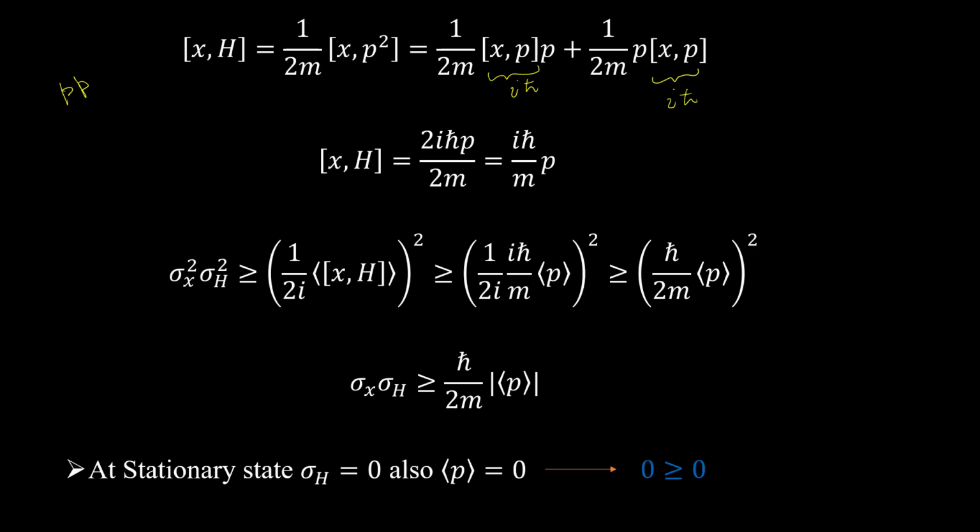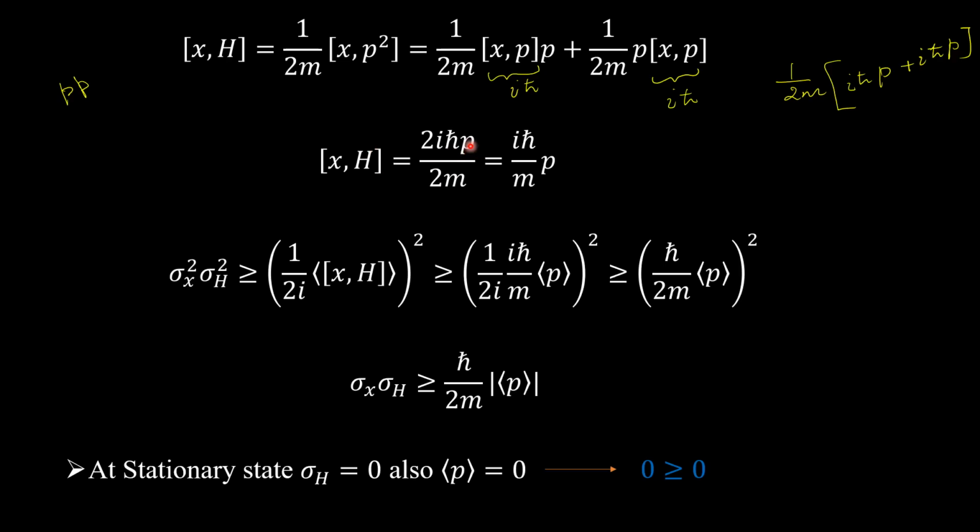So this can be written as 1 over 2m, which you can take as common. Then here you have i h cross p, plus i h cross p. The second term is also i h cross p. So this can be taken as 2 i h cross p.